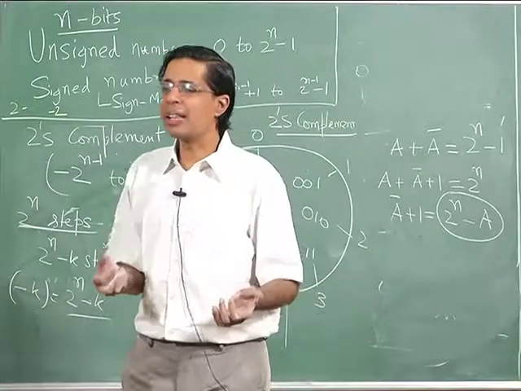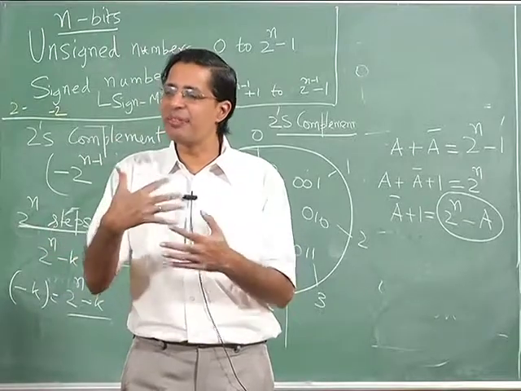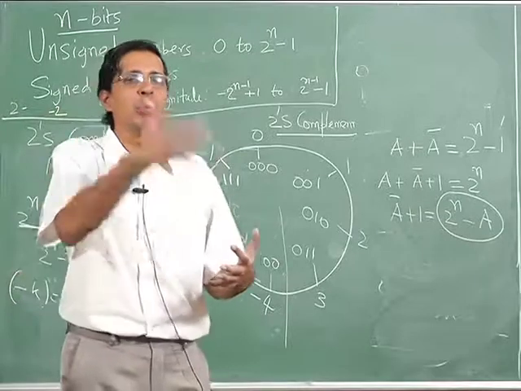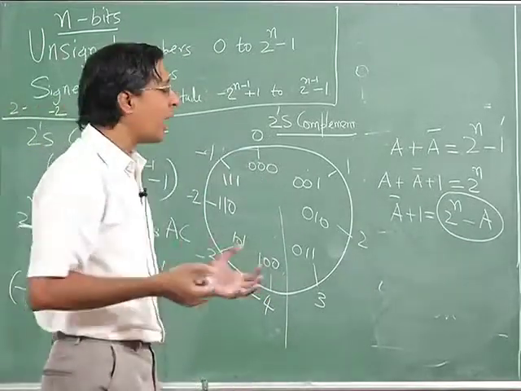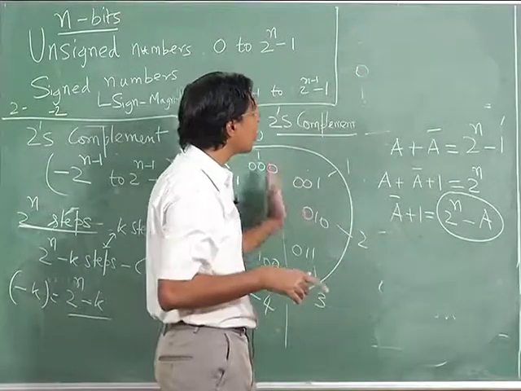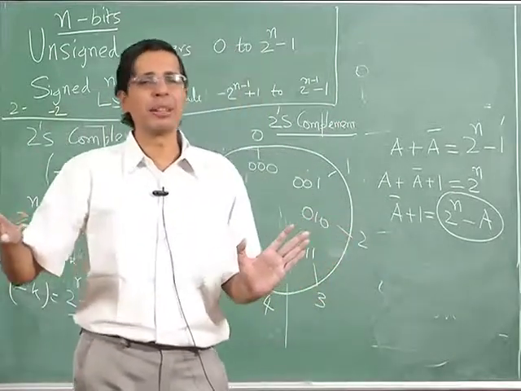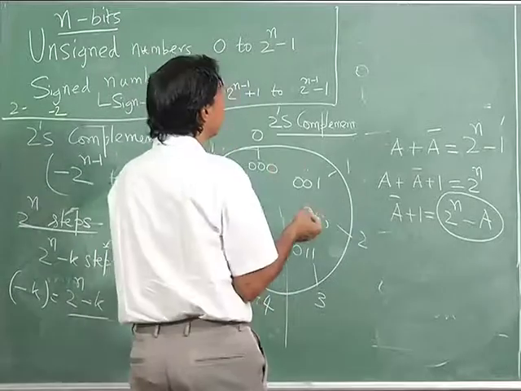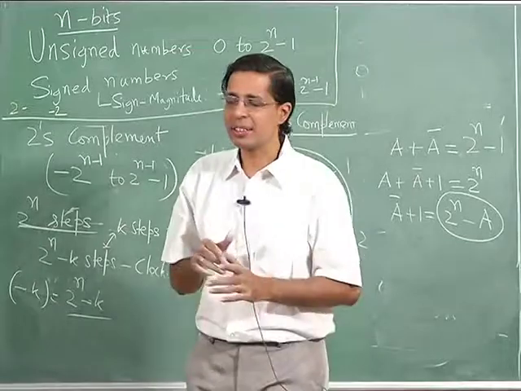Please note that every conversion of this should happen very fast. I need very quick algorithms to do these types of number representation because these are fundamental. I can't run a loop testing every bit to convert a minus a into its corresponding 2's complement representation. I need a very simple way of converting that, and this actually provides you that way.